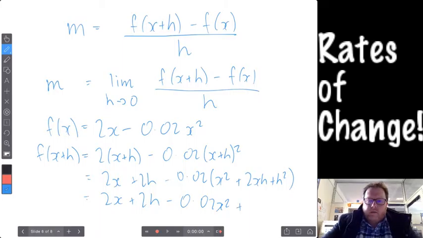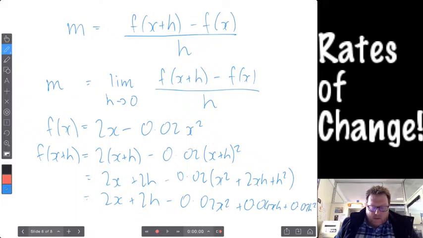Hang on, let's have a look. I'm using my calculator on my computer here. 0.02 times 2 is 0.04, so 0.04xh plus 0.02h squared. And of course, I made the mistake of not writing my negative numbers properly, so that should be negative and negative there.